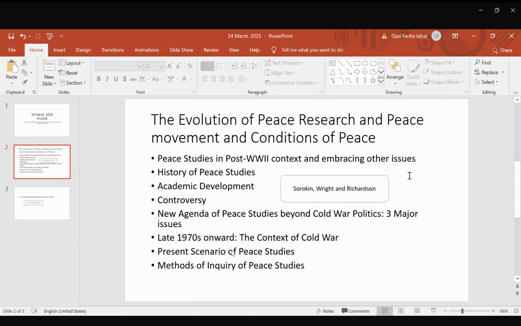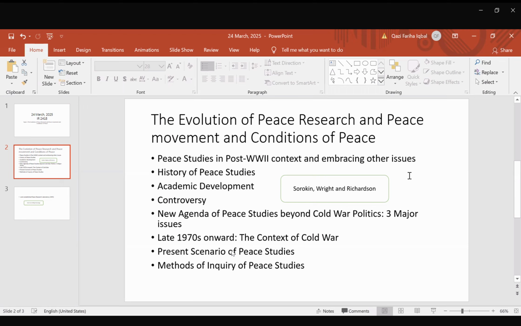Therefore, these environmental concerns were surfacing, and we have seen the Stockholm Conference in 1972, which was focused on limiting economic growth for the sake of the survival of the global ecosystem.